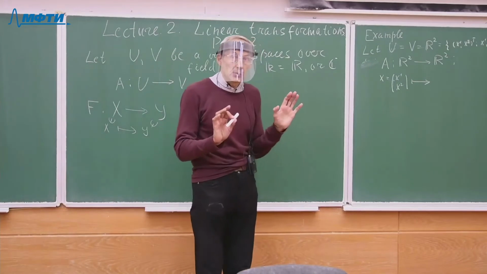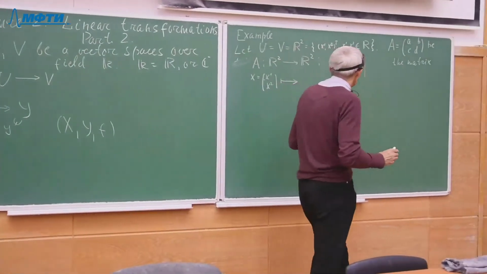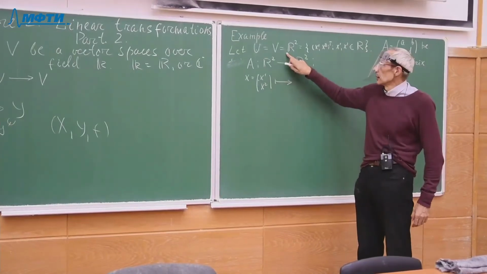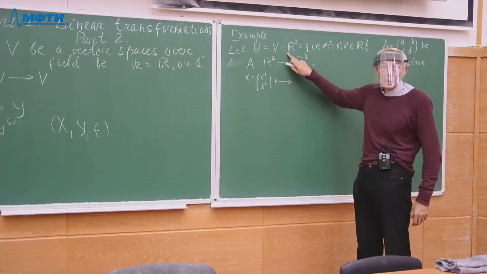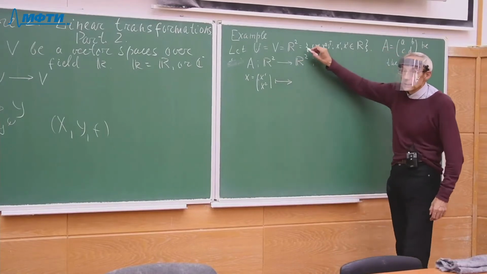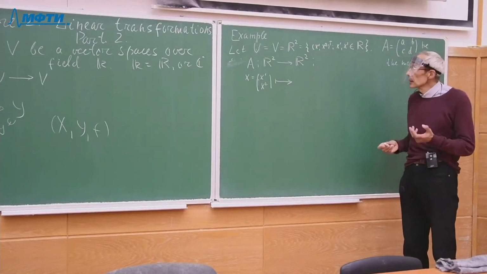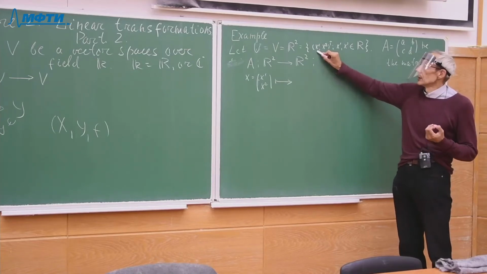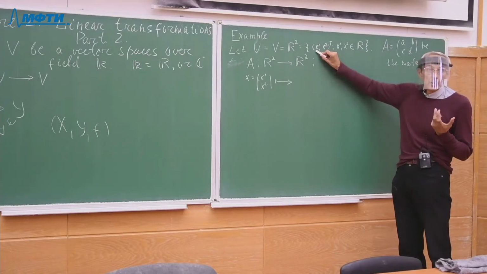Example, the most simple example. Let U and V be the arithmetical vector space R2. The elements of this arithmetical space are pairs of real numbers, the ordered pair.